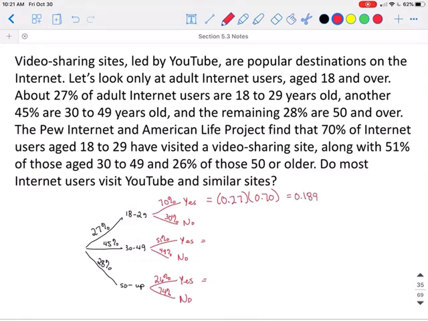This would give us 18.9%. Of the 45% of this age group, we know that 51% of them do watch video sharing sites. So this would give us 22.95.